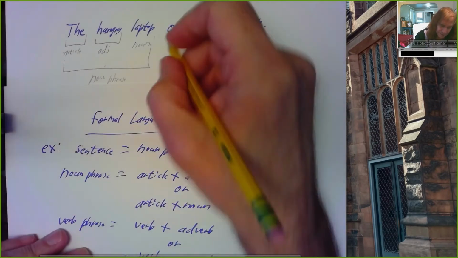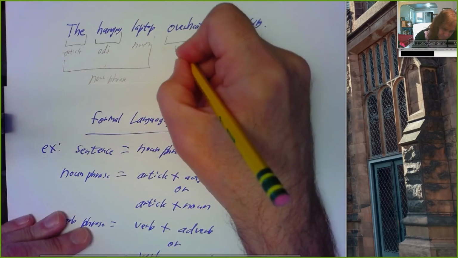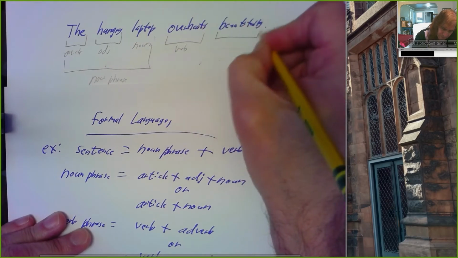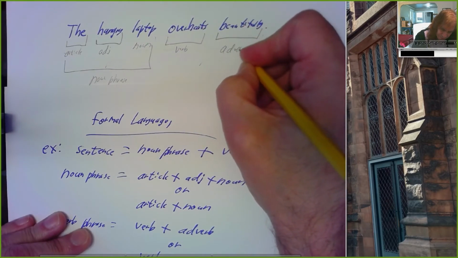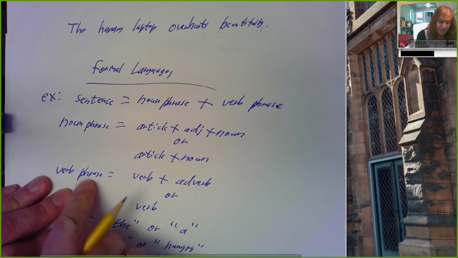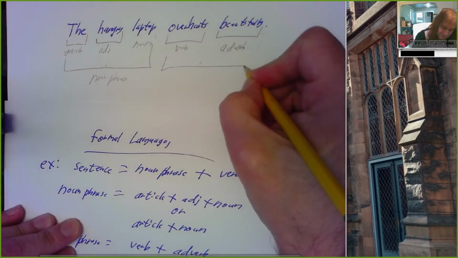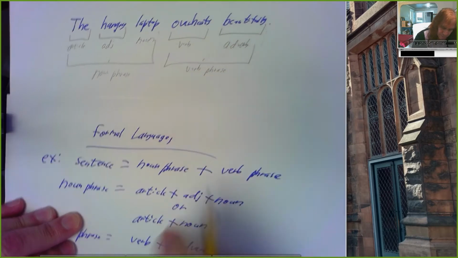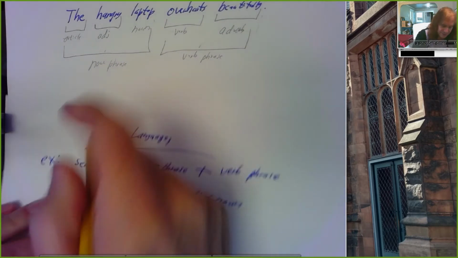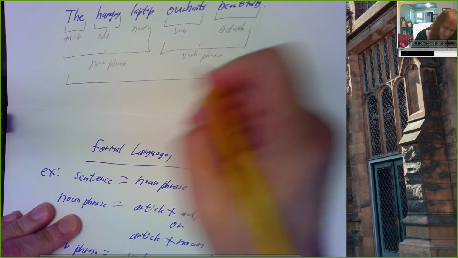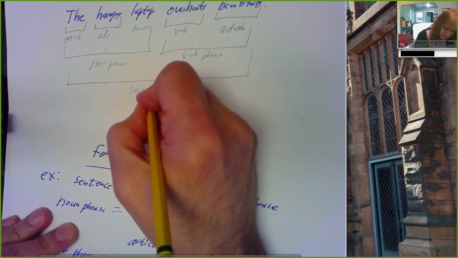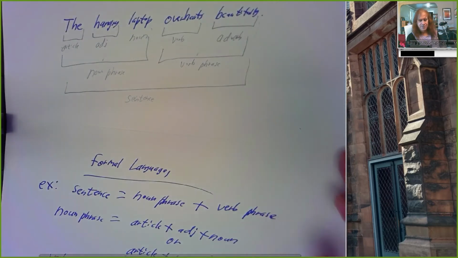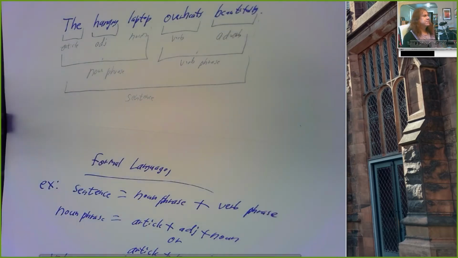Overheats is a verb. Beautifully is an adverb. And a verb followed by an adverb is a verb phrase. And a noun phrase followed by a verb phrase, that's a sentence. And so this thing is a sentence.